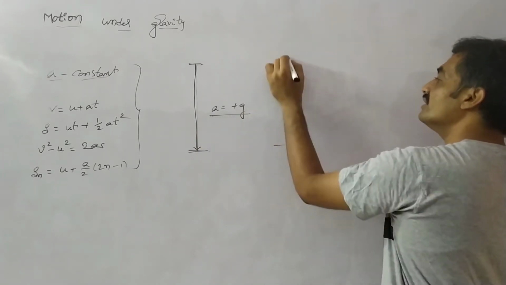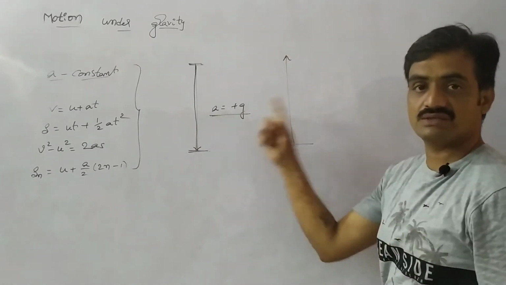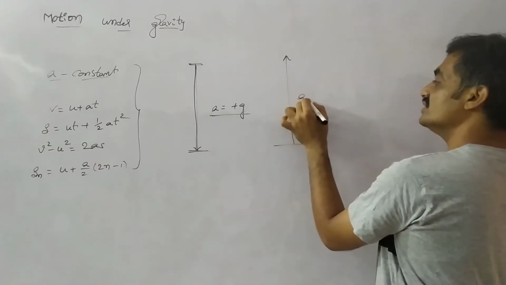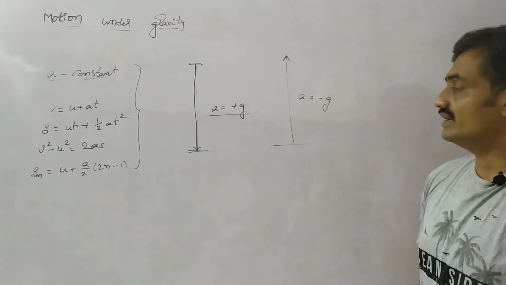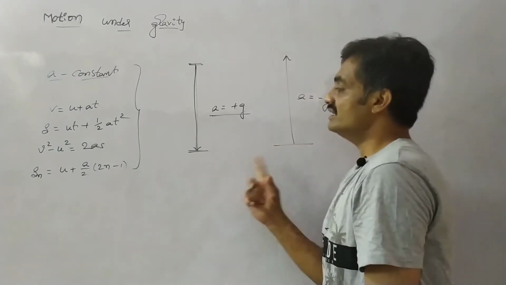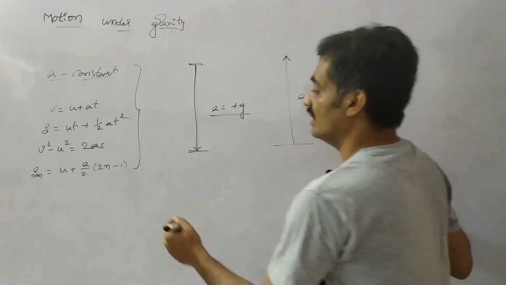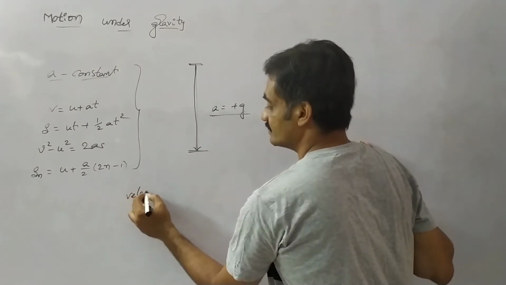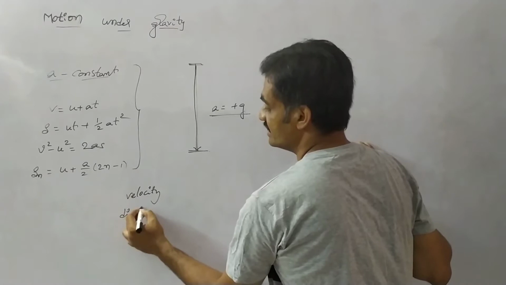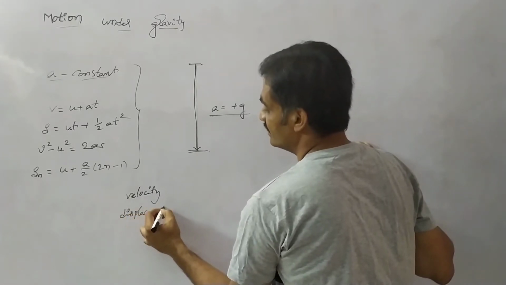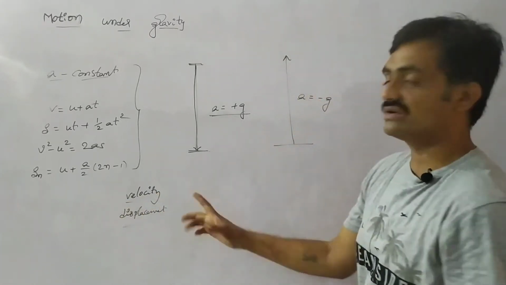If a body is projected in the upward direction, then acceleration due to gravity is negative. Based on this, now we are going to discuss velocity and displacement.